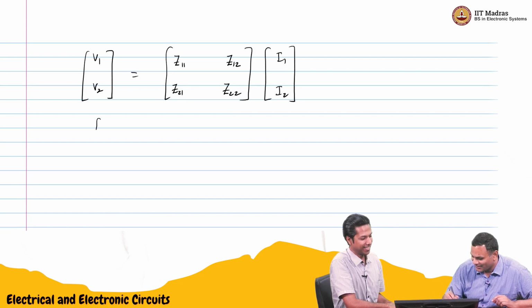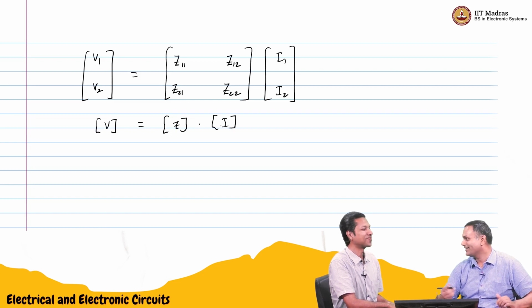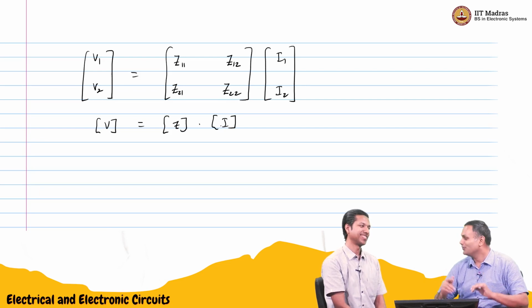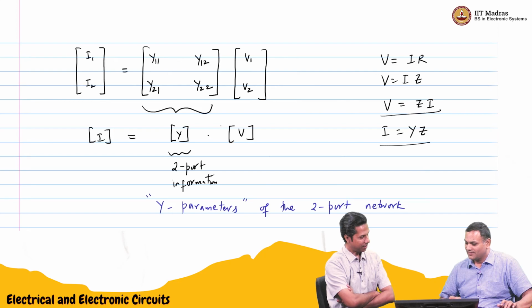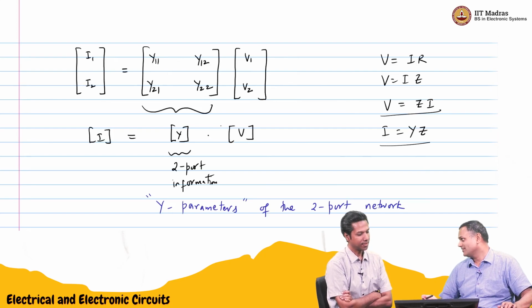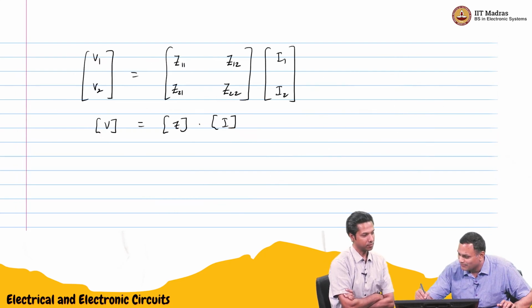In matrix form, V is Z times I. This is what my professor used to say, write it as Z times I, so that you know it is valid. So this is the Z matrix, like the Y matrix.